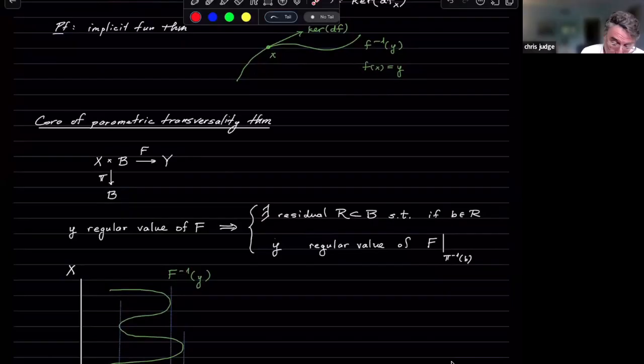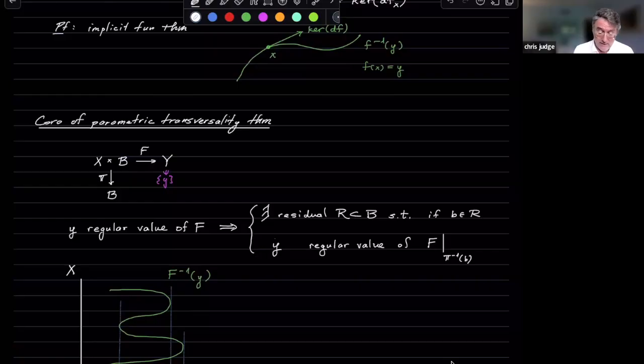So I have a map from X cross B to Y, and then I have a point y inside Y. That's my zero-dimensional manifold. And saying something is a regular value is essentially saying that this map, capital F, is transverse to this point y. It's the same thing.